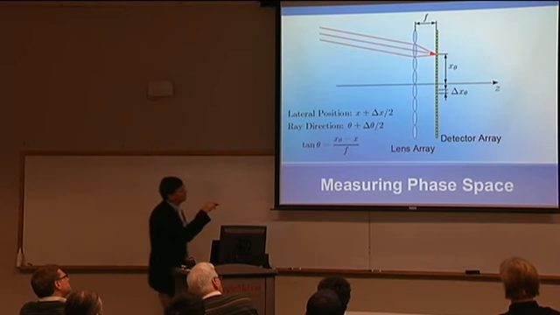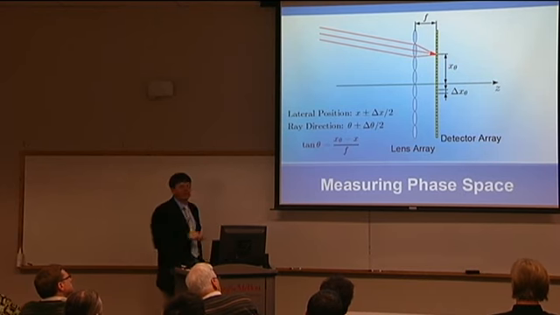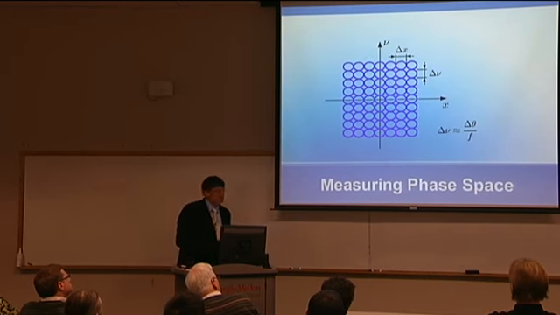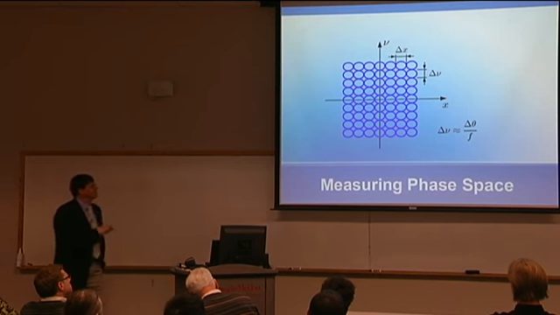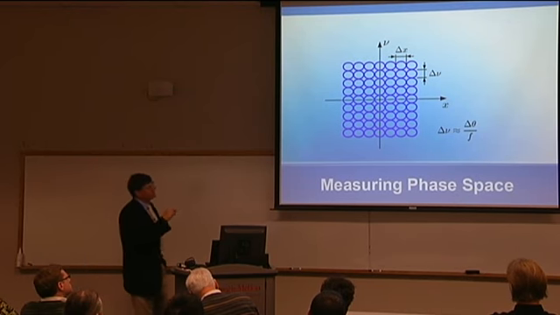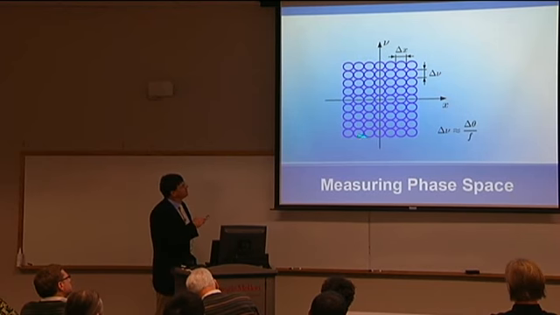There's a price to be paid, and we should emphasize that there is a price. We need more pixels to do this. But what we get from this is phase space averaged and sampled in this manner. Each of these ellipses is encoding one of the samples that we are getting.